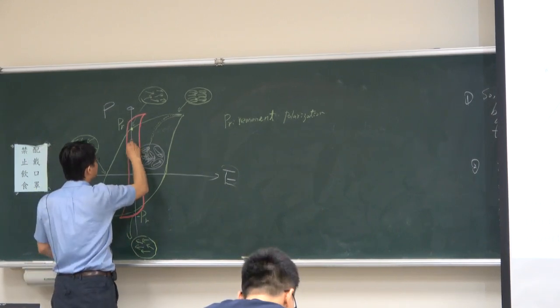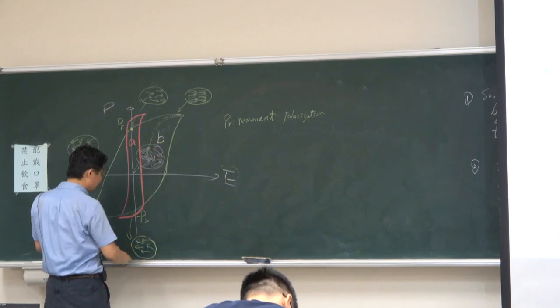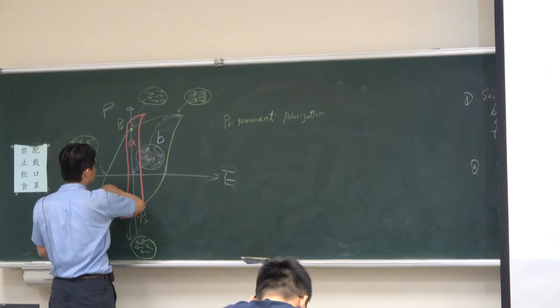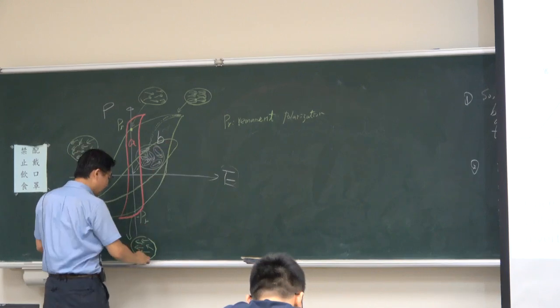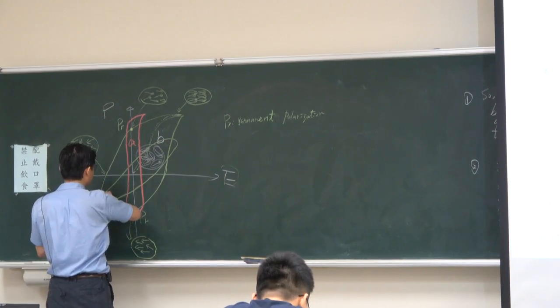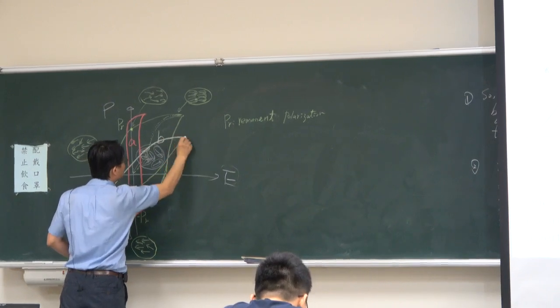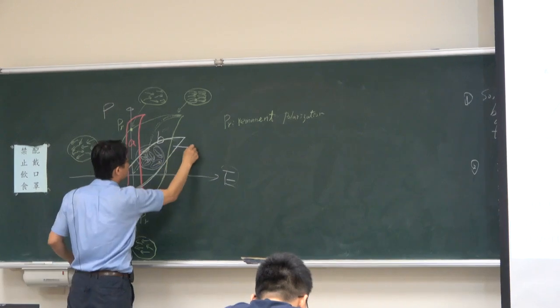If you have the A curve, for example, this is the B curve, and there's a C curve.